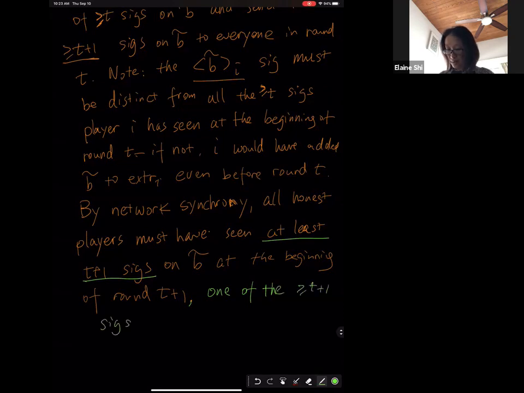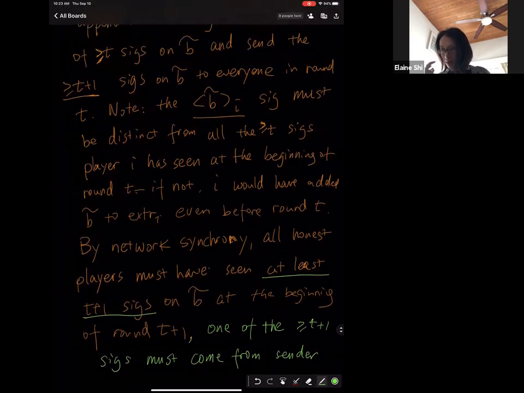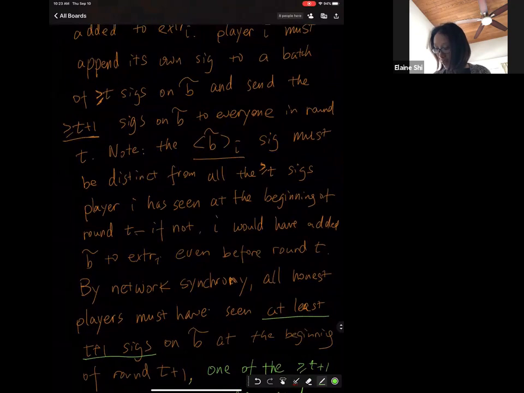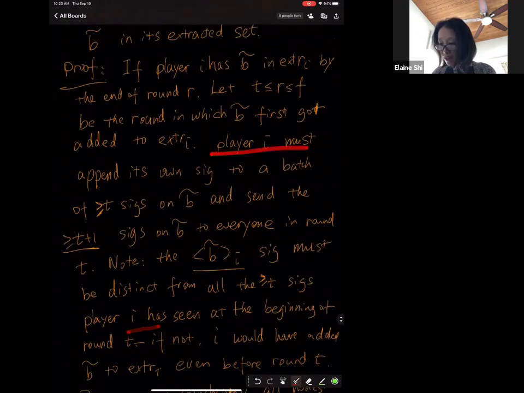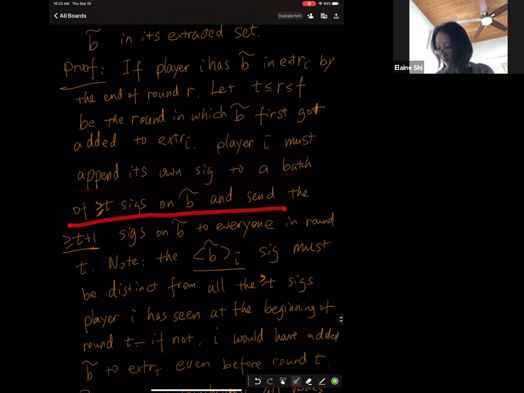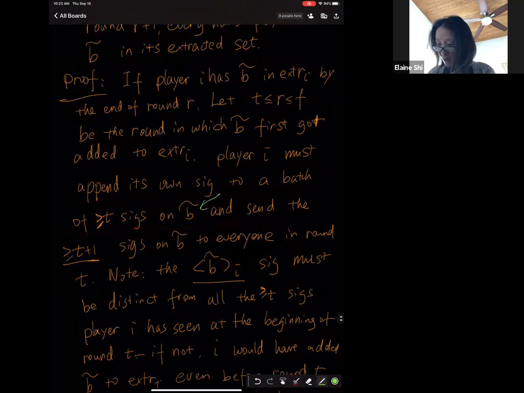This is because if player I added this in round T, player I must append its own signature to a batch of at least T signatures on B, and moreover, one of them must come from the sender.